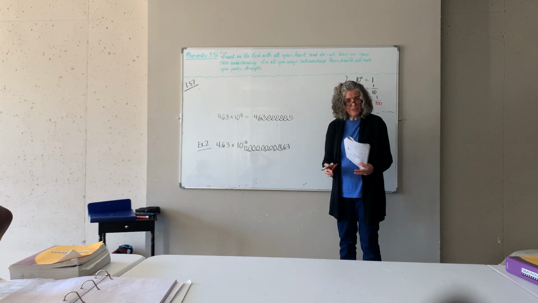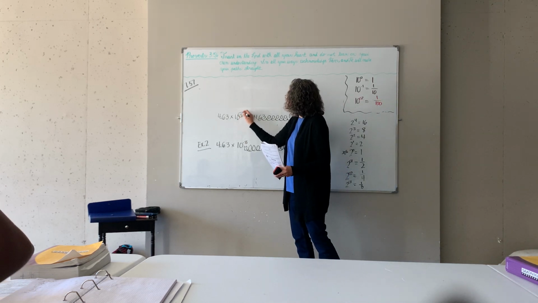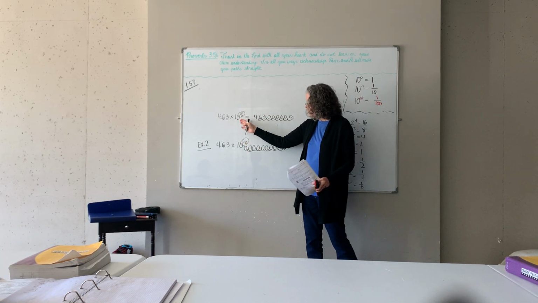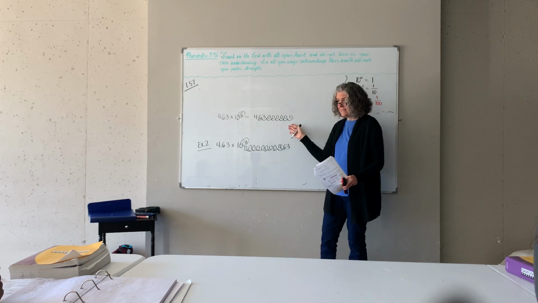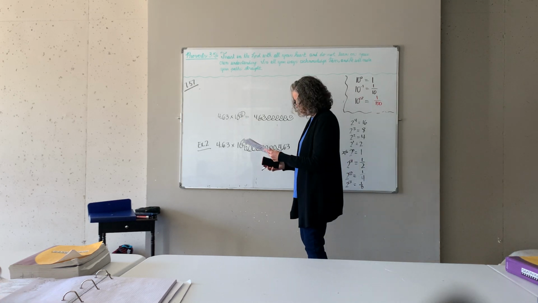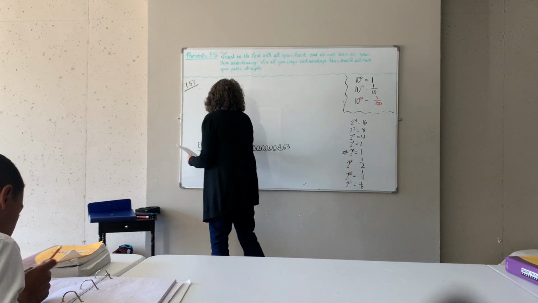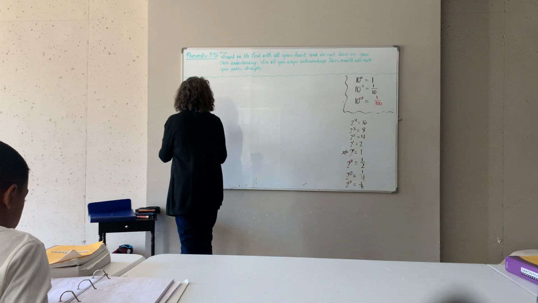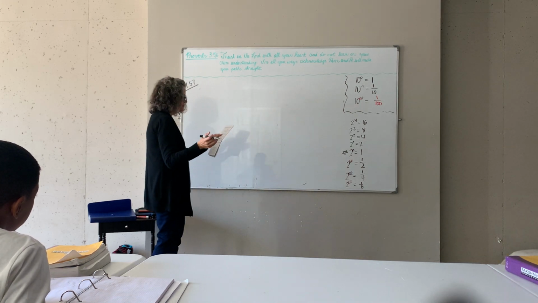The key that you need to know is this moves to the right, this moves to the left. If the exponent of 10 is positive, you're making it a big number, so it goes to the right. The other way goes in the other direction. So if they give you a really small number and say put it in scientific notation, you could do that.